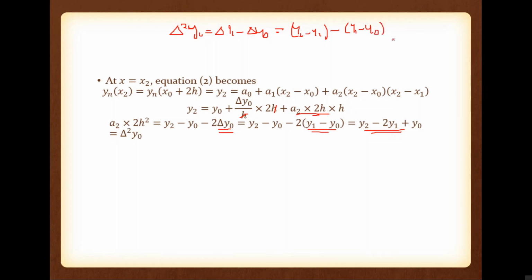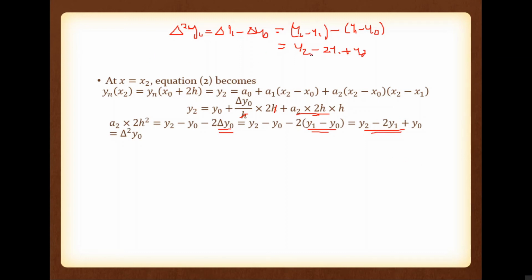Is it okay? So this is equal, if you are removing this bracket, you can see that this is equal to y2 minus 2y1 plus y0. So delta square y0 is this term. This term is nothing but delta square y0.